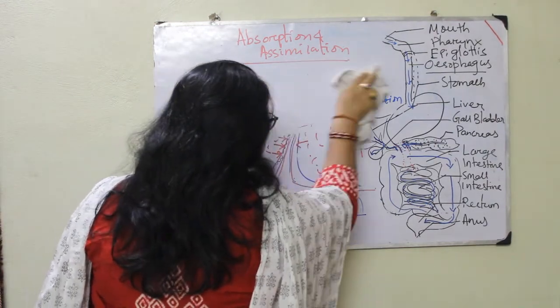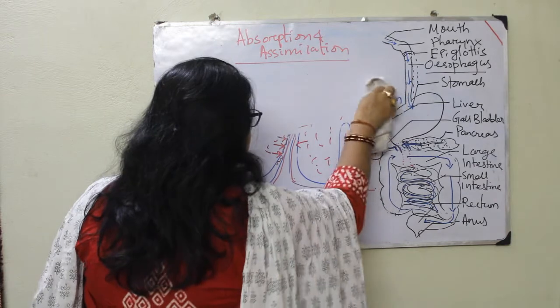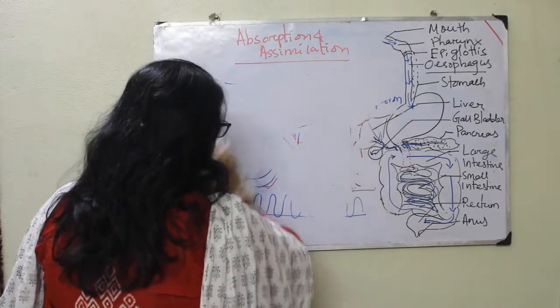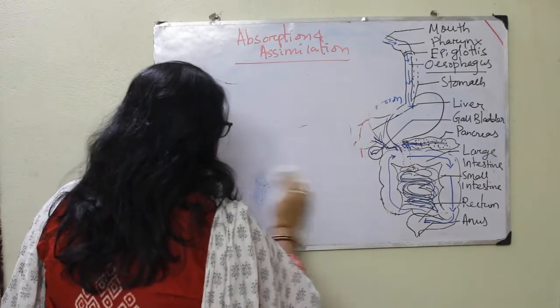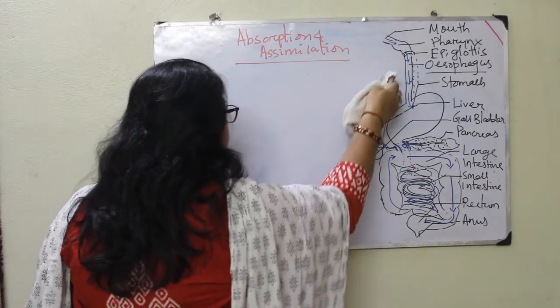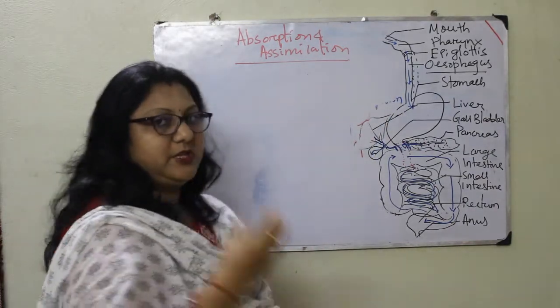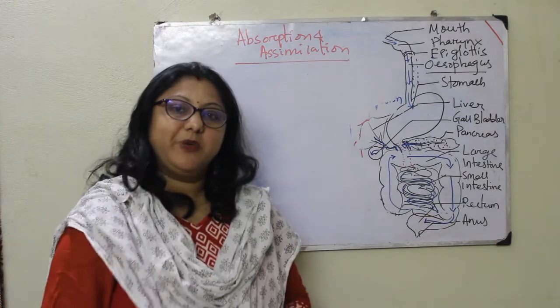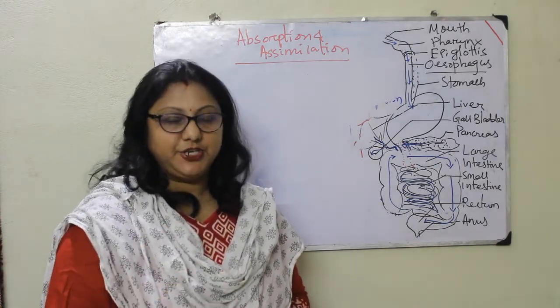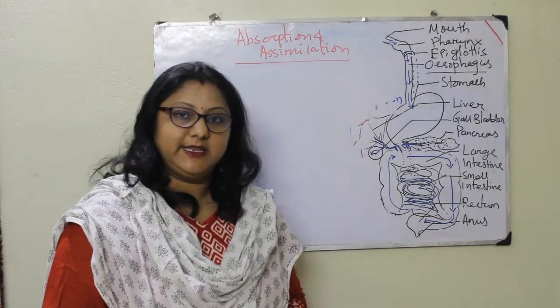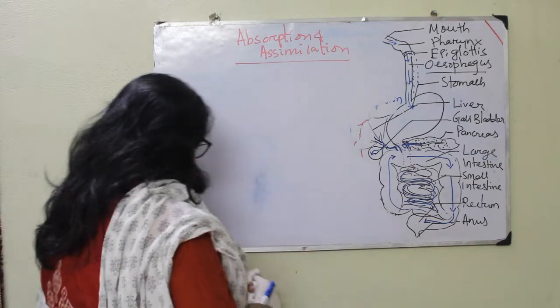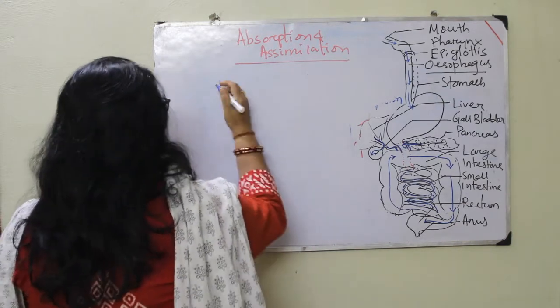So let me erase this, and now we will be discussing the process of assimilation. Assimilation is the utilization, how the nutrients are utilized to build our body, to get energy, to repair our body, to sustain life. Clear? So we will write the molecules.